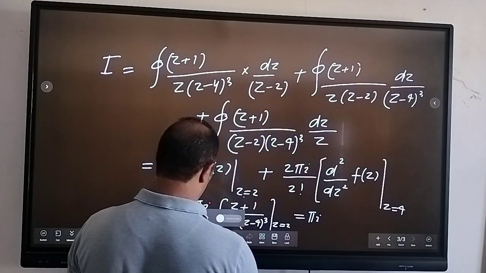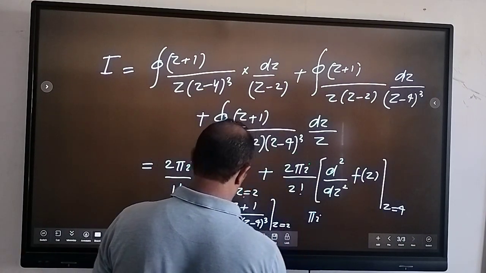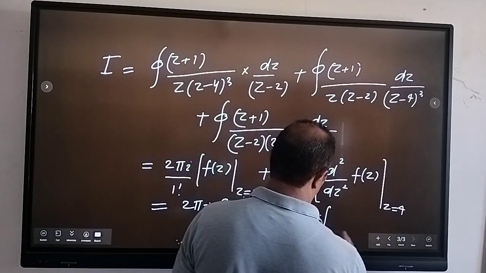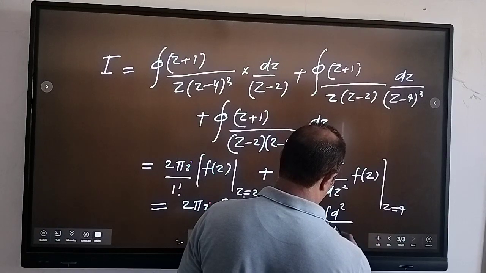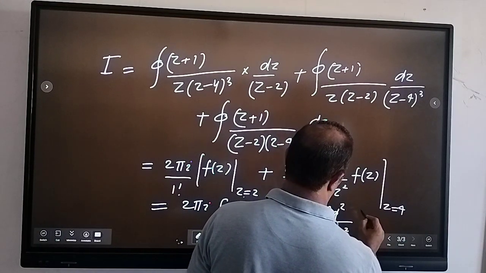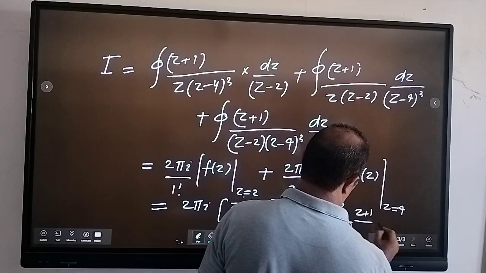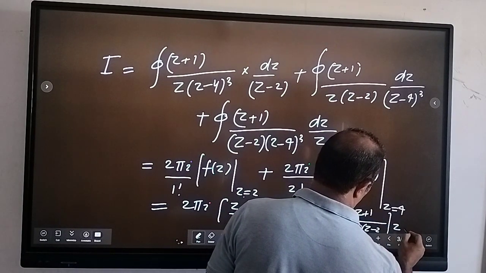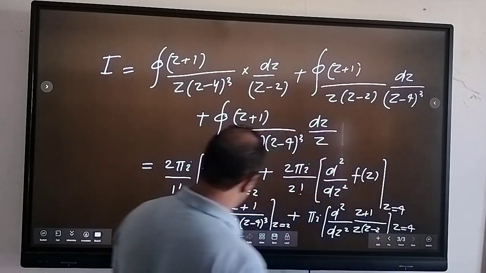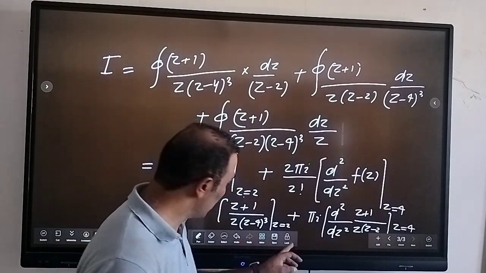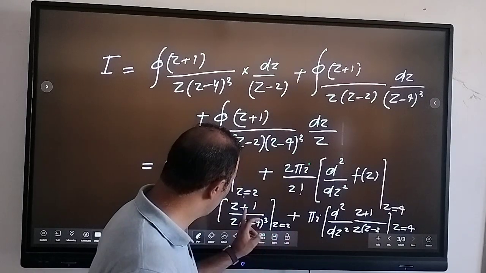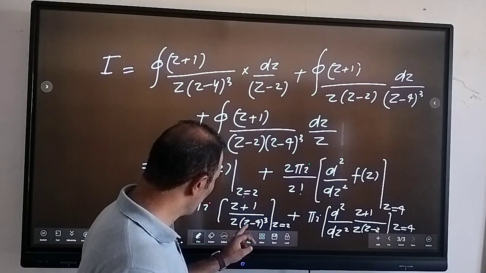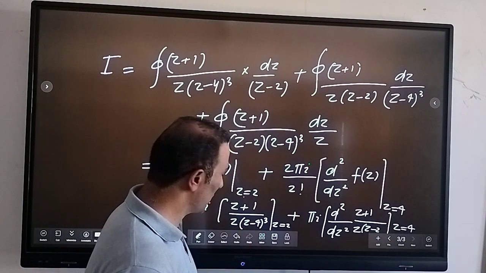So this will be plus here, and this will be that d2 at z equal to 4, right? तो अगर हम यहाँ पे देखेंगे, बिकॉज यहाँ पे हम पुट कर रहे हैं z equal to 2, so you will get there 3 divided by 2 into minus 2 का cube, right?